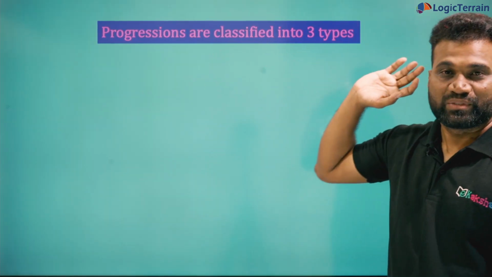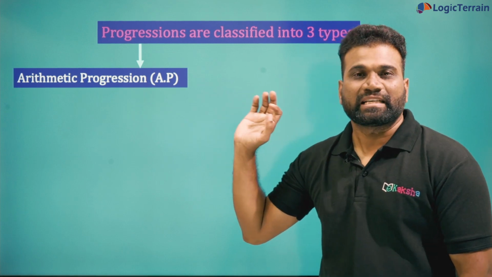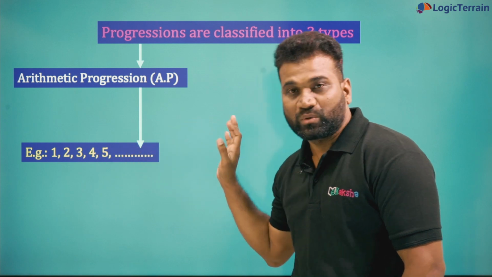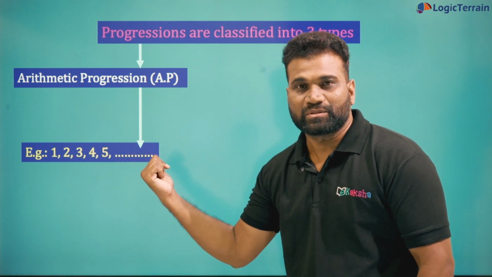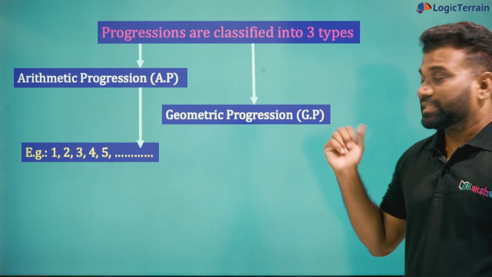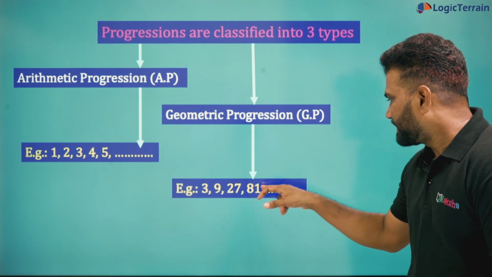So, types of progressions. Progressions are classified into 3 types. First one, arithmetic progression. In short, we can say AP. Example, we can see 1, 2, 3, 4, 5 and so on. Here, each term is obtained by adding 1 to its preceding term. Second one, geometric progression. In short, we can say GP. Let us take an example 3, 9, 27, 81 and so on.